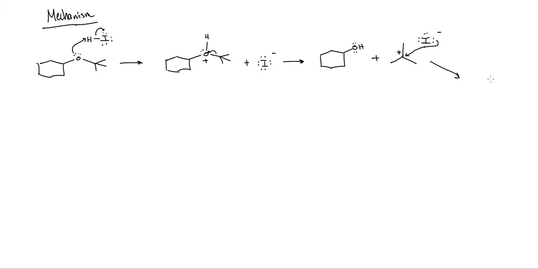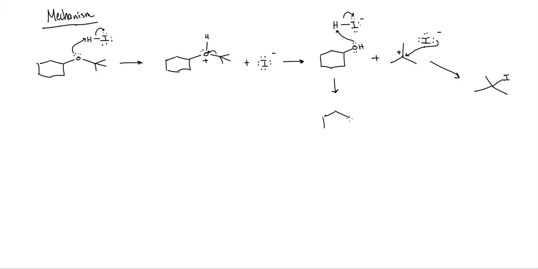And then that's going to give me one of my products. So I'm going to draw that product over here. So it gives me my tertiary iodide, right? But here with this OH, what can happen is now this can get protonated by an HI. So OH takes a hydrogen off, I leaves.